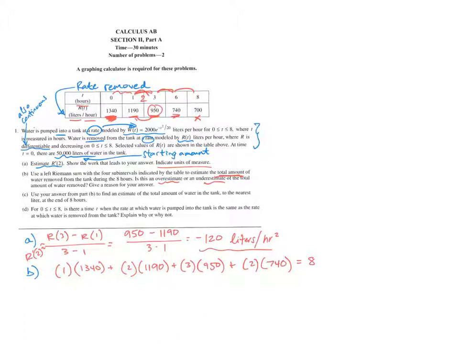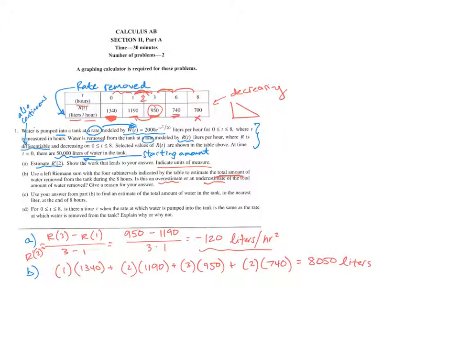All right, so adding all these together, I get 8050, and it's an amount, right? So it would be liters. And they ask if it's an over or under estimate. Now, since this function is decreasing, even if you forget the rule, I'm just going to sketch a little decreasing function.